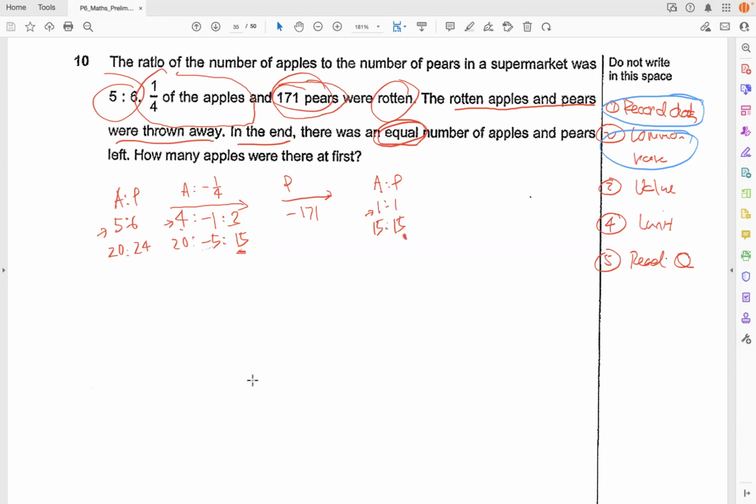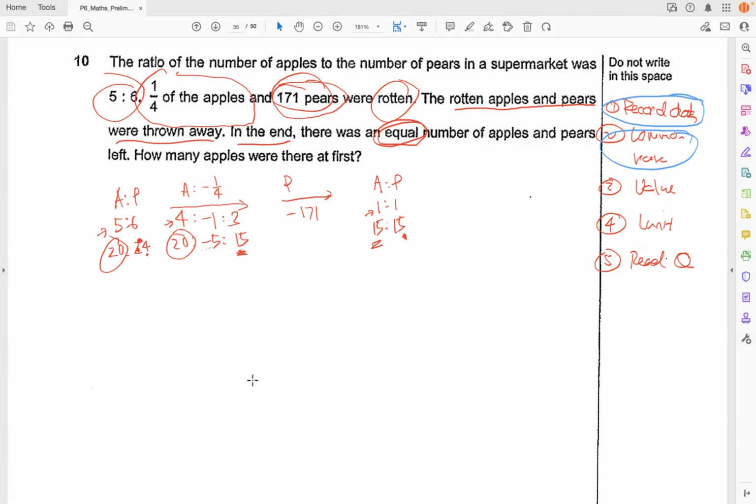But we don't have any information on the units of pears. So let's focus on the value. There's no common base for pears, because the pears here and the pears here are not the same; this is at first, this is at the end. So let's leave it. The only common base is this one and this one. Okay, that's done.